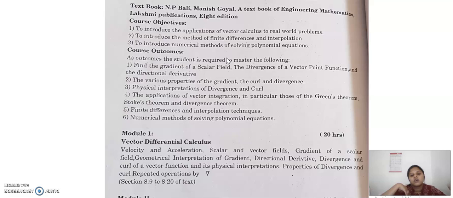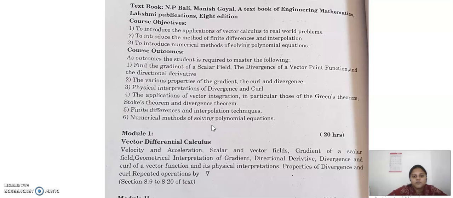Those are measured using the quantity curl, and then we'll see different operators called Laplacian operators. We will also look at different properties of the gradient and the curl. That is basically what we will see in the first module: vector differentiation and different operators connected with that.